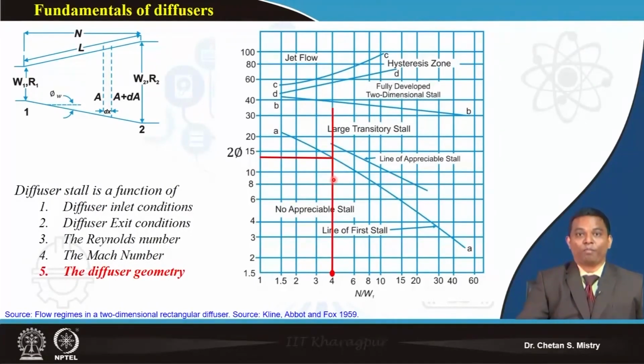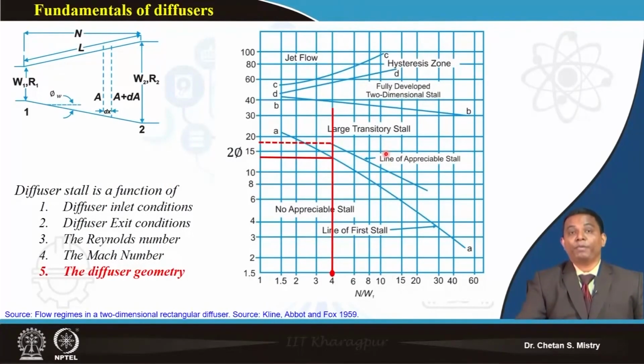Now, if I go slightly greedy and put my angle slightly larger, say I take that angle as 18 without understanding, what will happen? We will have appreciable stall forming.